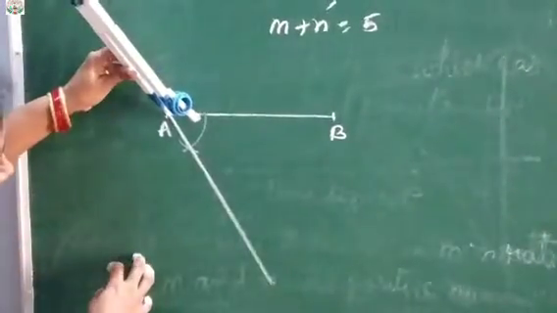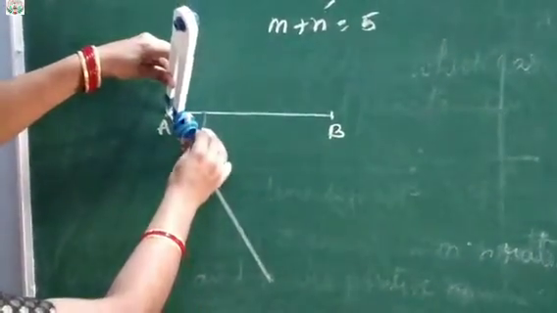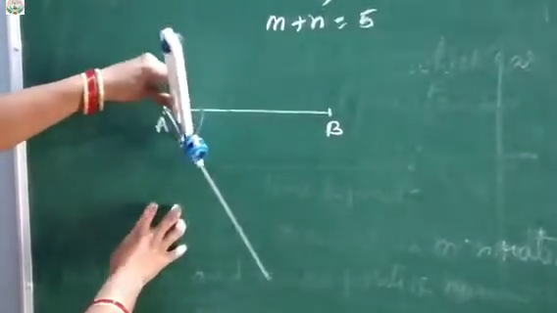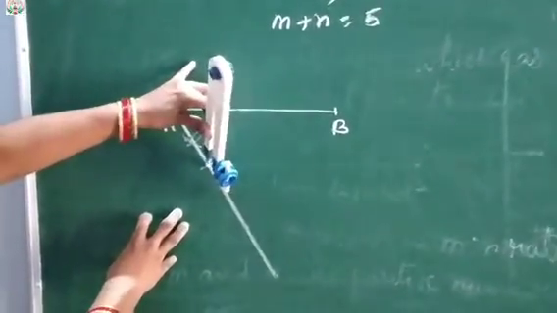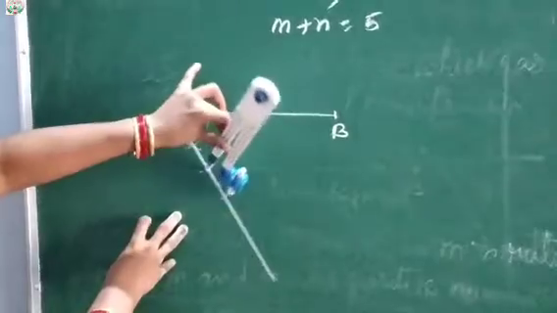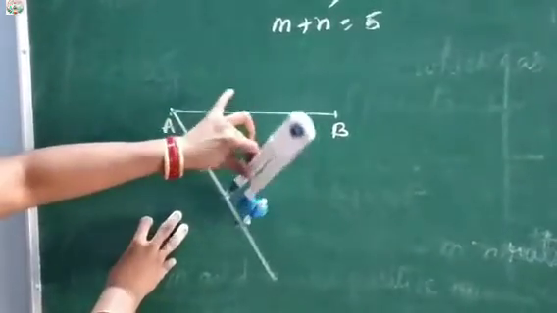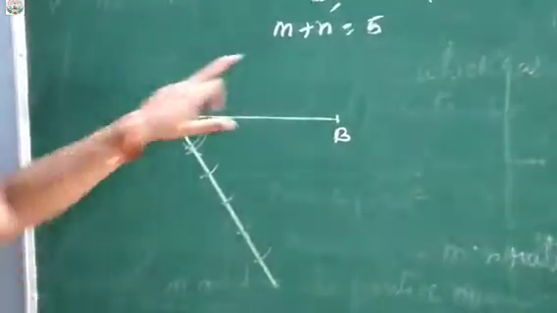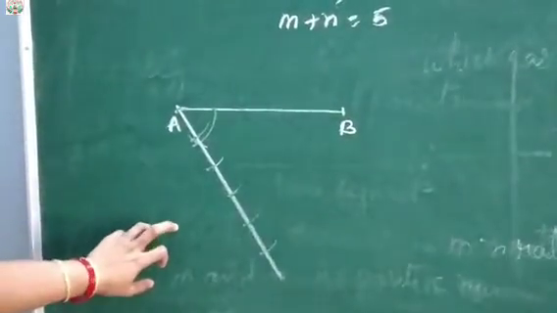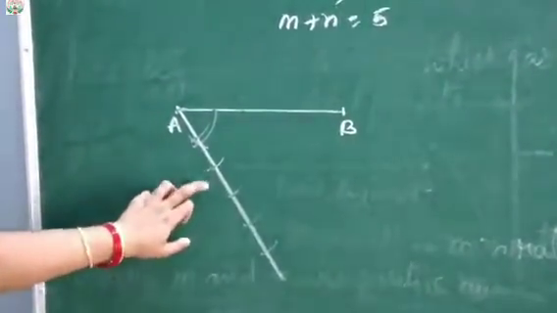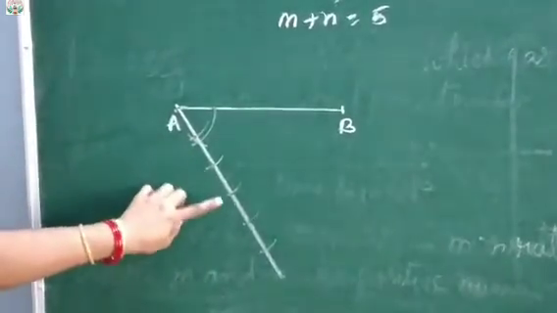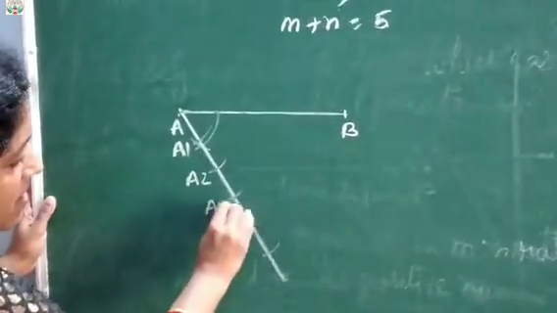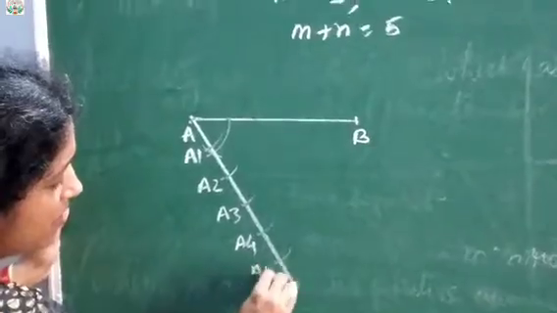Keep the compass and cut an arc, and with the same measurement go on cutting 1, 2, 3, 4, 5. Name them A1, A2, A3, A4, and A5.